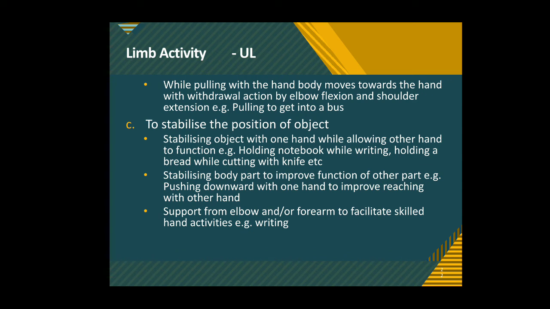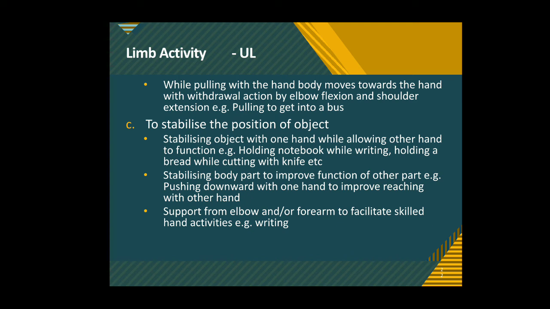Similar can be done while we are stabilizing a body part, so that the function of another body part is improved. The example is pushing downward with one hand to improve reaching with the other hand. In a condition where it is difficult to maintain balance while reaching, we take support from one hand and use the other hand for reaching.